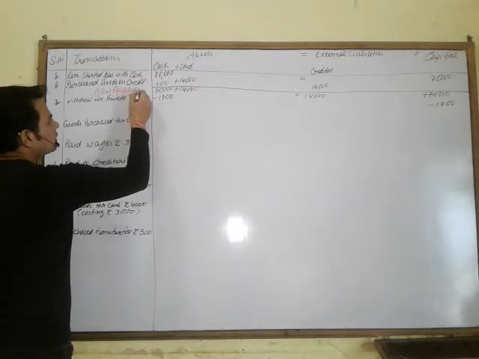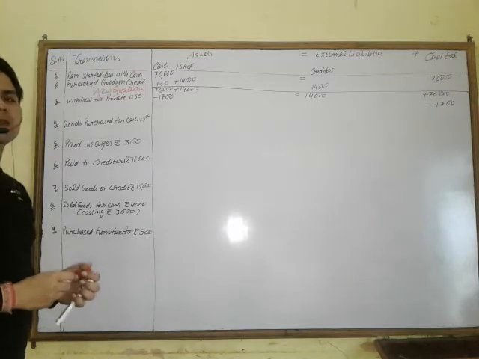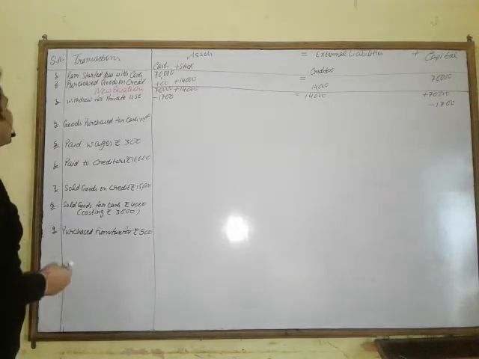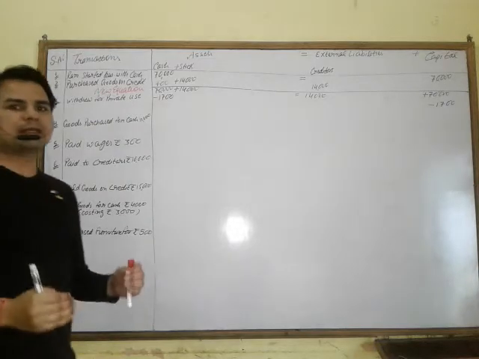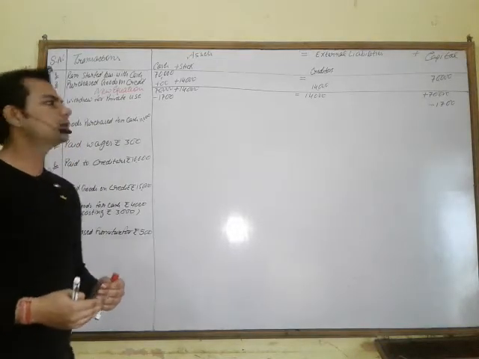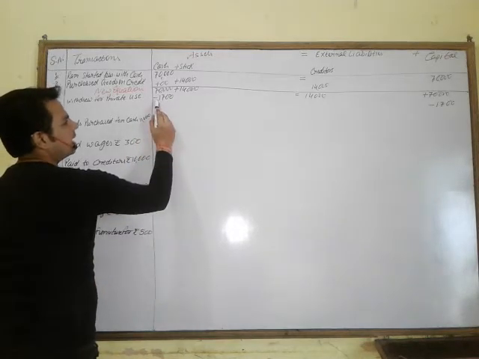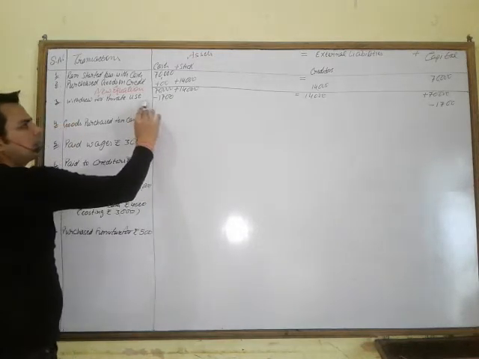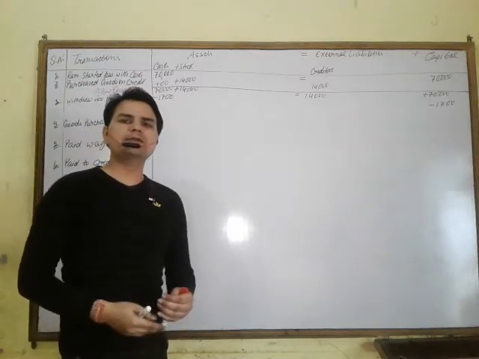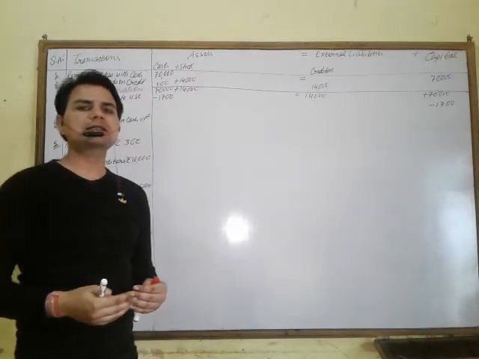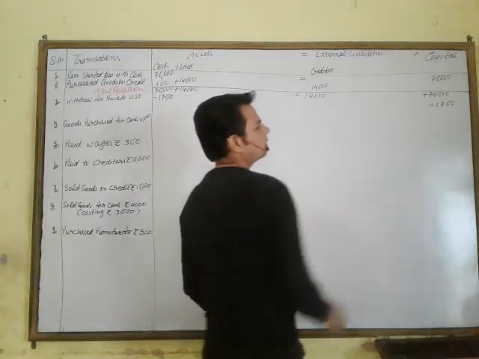Then in the next transaction, you can see withdrew for private use. It means cash is decreasing from the business, so subtract rupees 1,700 from the cash. Drawings is rupees 1,700. When the businessman withdraws something from the business, it reduces the capital of the businessman. So reduce the capital also.